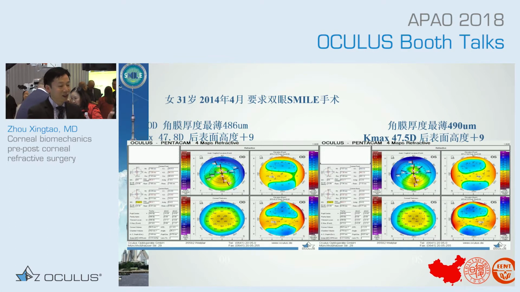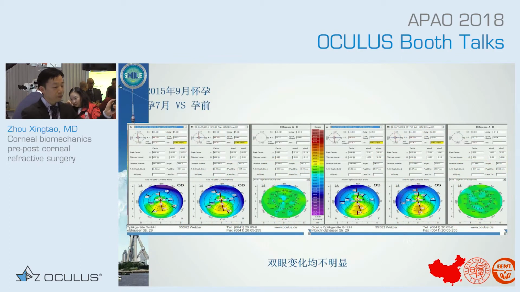Almost 4 years ago, she came asking for SMILE surgery, as the corneal thickness was 486 microns, and the left eye was 490 microns, with a posterior elevation of +9. I didn't do it because of the thin cornea.